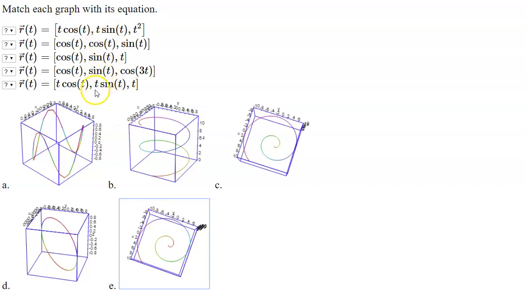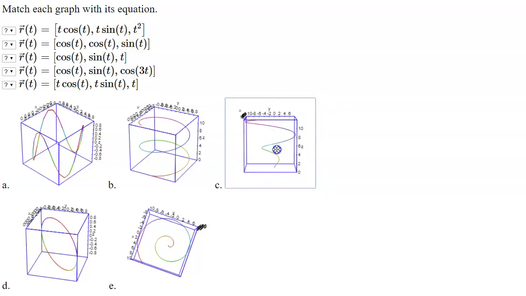Now let's see how these two are different. Both of them have a t multiplying the cosine and sine, which means as t increases, the radius will increase. In the bottom equation here, z is increasing at the same rate as the radius, whereas in the top equation, the z value is increasing faster than the radius.